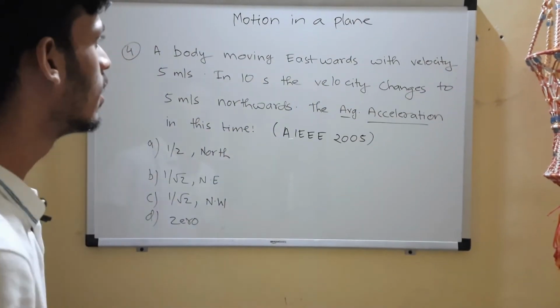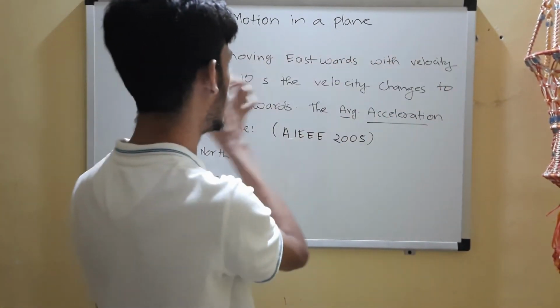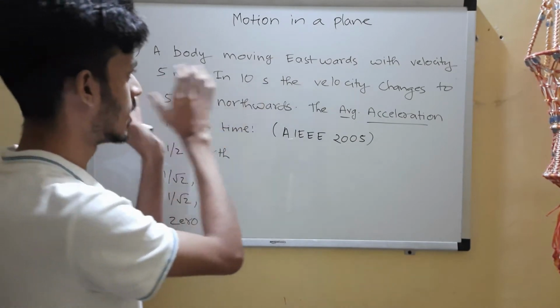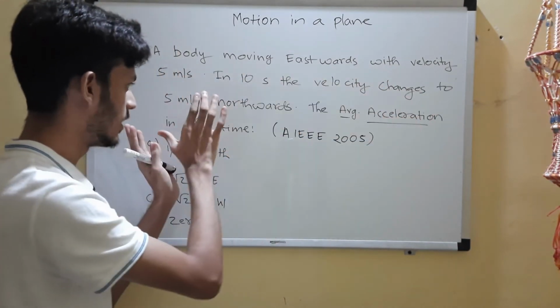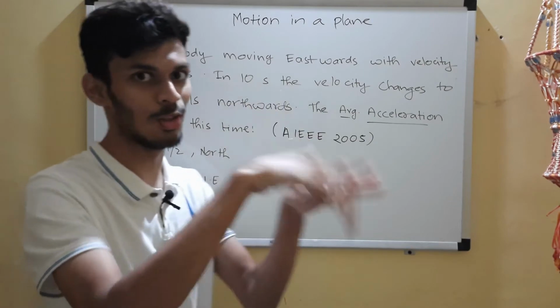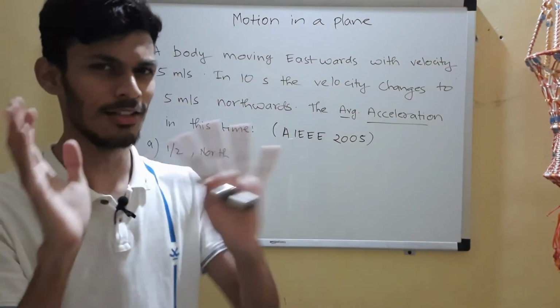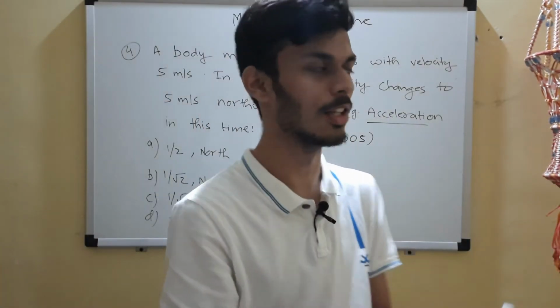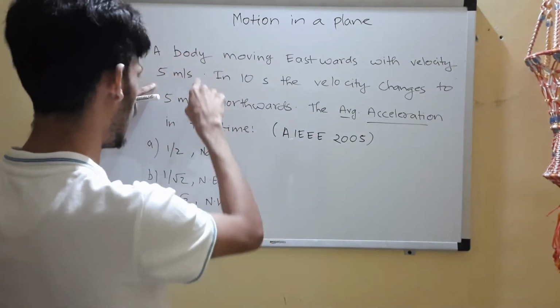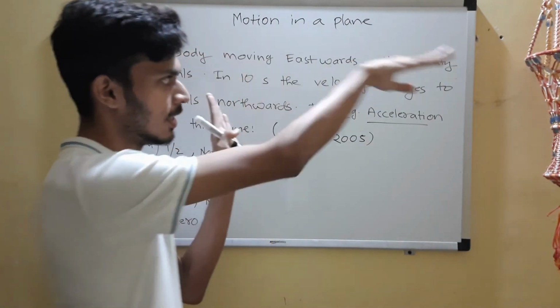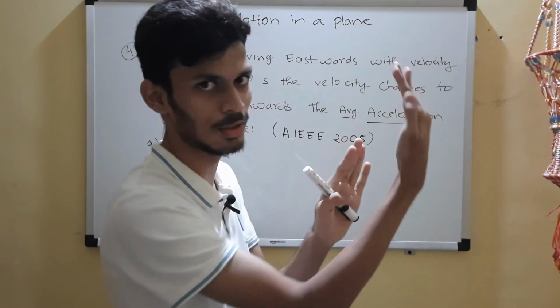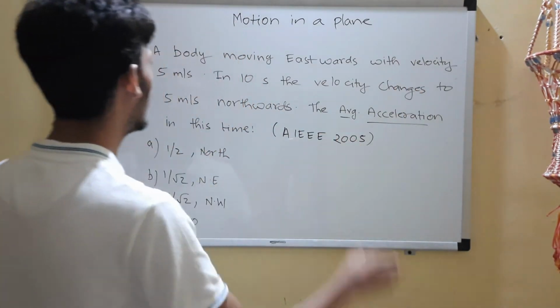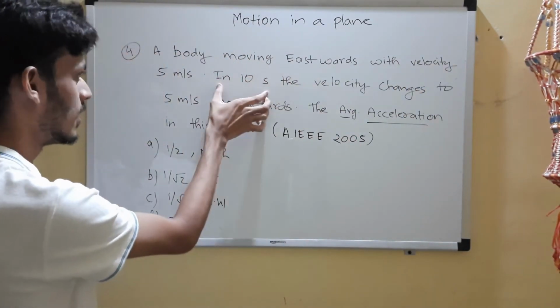Initially the body was moving eastward with a velocity of 5 meters per second, and now the velocity has changed to 5 meters per second northward. Velocity is a vector. Even a change in direction changes the velocity. Though the magnitude is the same, 5 and 5, it was eastward first, now it's northward, so velocity has changed in 10 seconds.